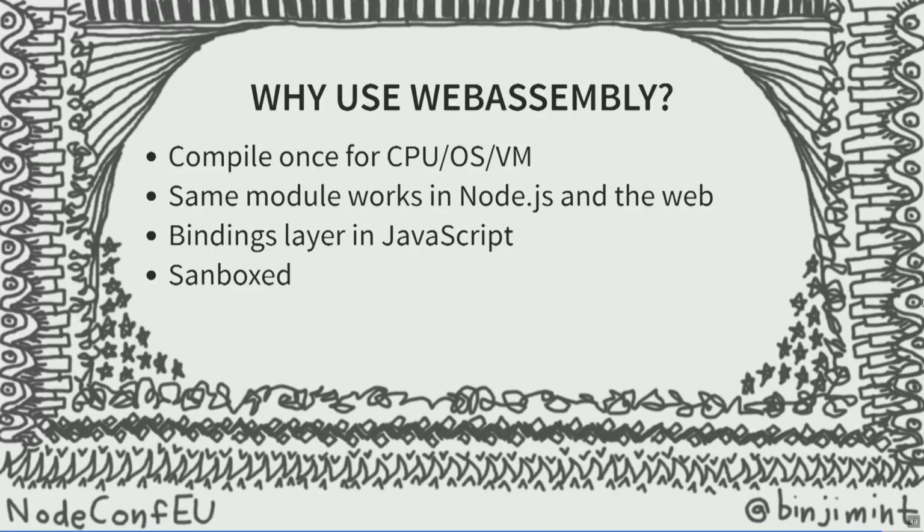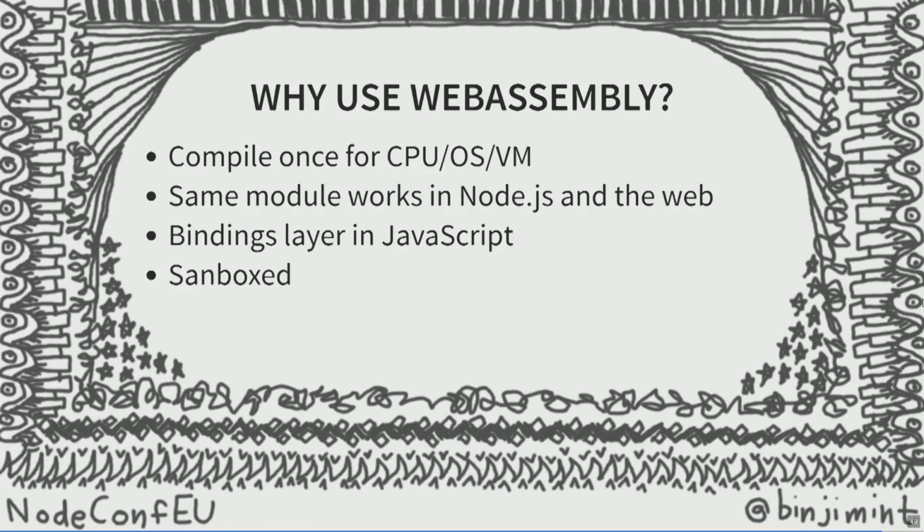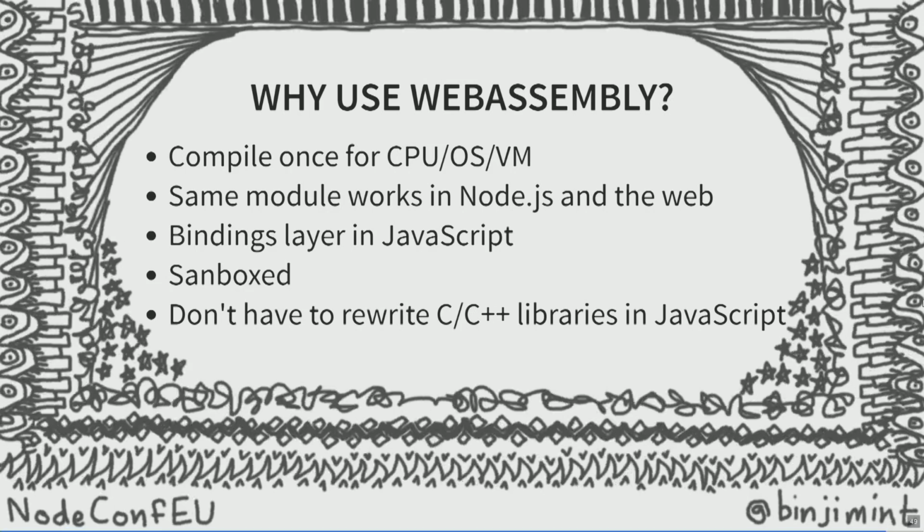And there actually are some nice ones. And it's sandboxed, right? If you use the native module, well, you could basically scribble memory. You can do whatever you want. It's C++, right? This is sandboxed. You can't break it. If you broke it, you'd break your website, and we don't want that. So we're trying pretty hard to make sure that that doesn't happen. And you don't have to rewrite your C++ libraries.